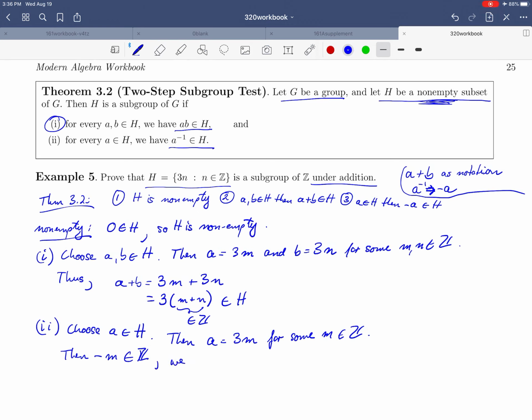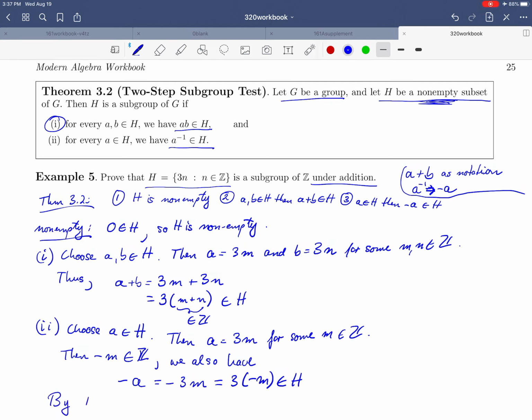So when we're looking at minus a, that is equal to minus 3m, but that is equal to 3 times minus m. And minus m was in Z, so 3 times minus m is by definition an element in H. And that was the second condition that we had to show.